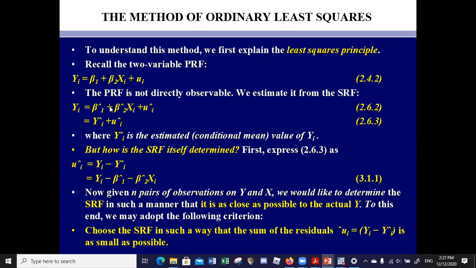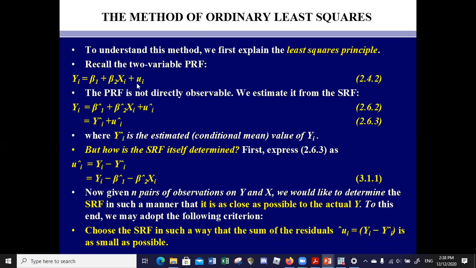Beta 1 hat is the estimate of beta 1 using the sample data. Beta 2 hat is the estimate of the slope beta 2 using the sample data. Xi is the ith value of the independent variable in my sample. And ui hat, when I put a hat, I'm talking about something which is estimating ui. So ui is the disturbance term and ui hat is the sample version of the disturbance term.